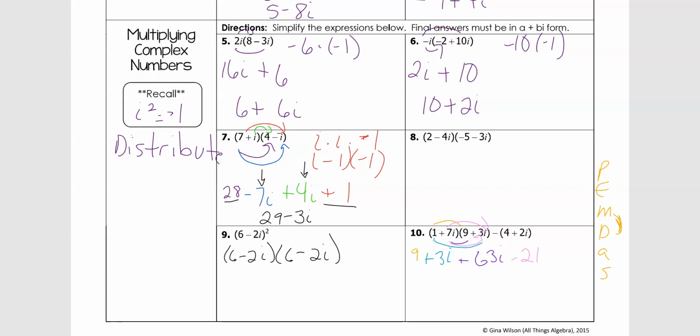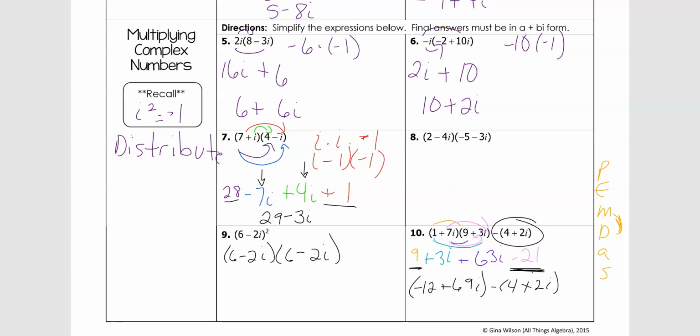And then it's a matter of combining like terms. So we have 9 and negative 21, which is going to be negative 12. 3i plus 63i is going to be plus 69i. And we still have this part up here, so minus 4 plus 2i.